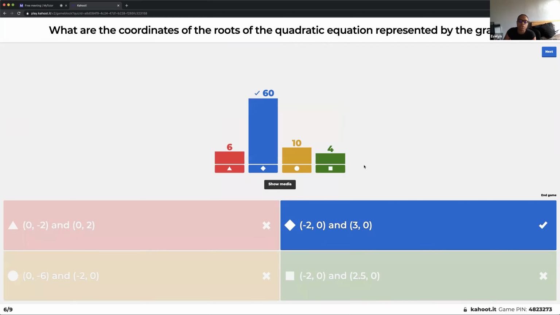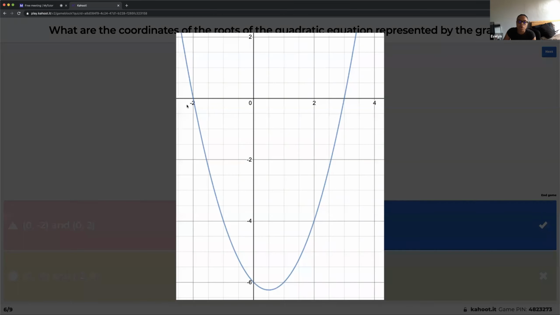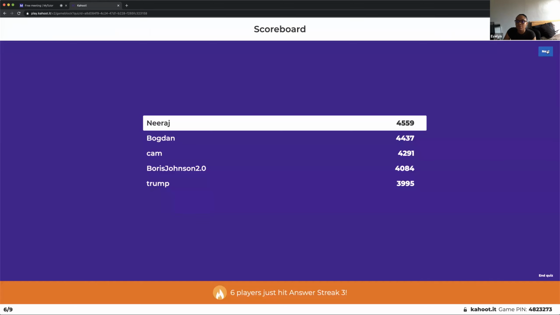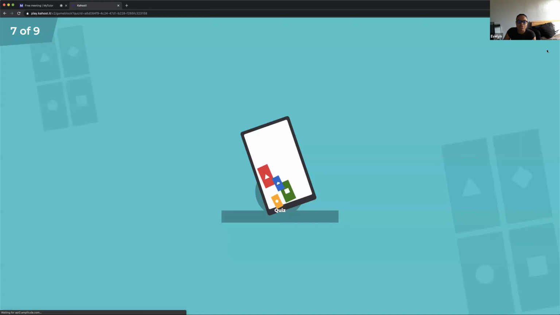Brilliant. So have a look at the graph. Where are the roots? We've got -2 and then we've got 3. It's in between 2 and 4. So it will be -2, 0 and 3, 0. Brilliant. Well done for the top 5.